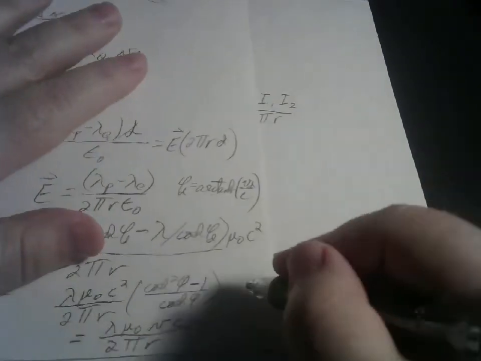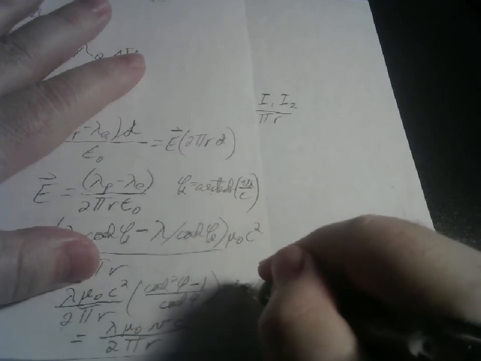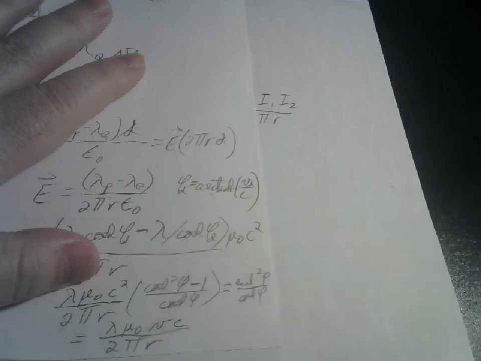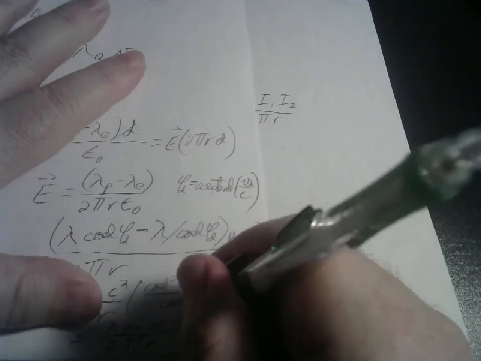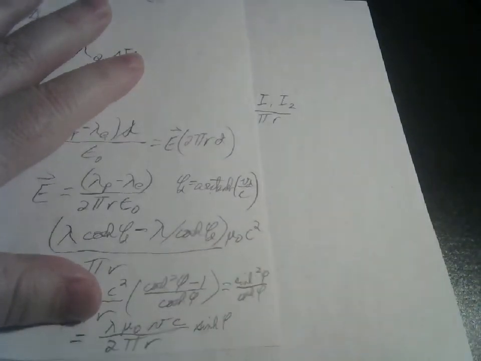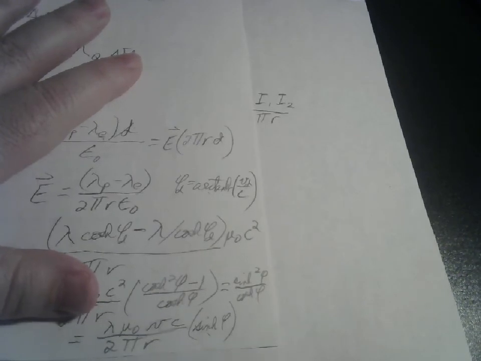And here it is. Cosh squared phi minus 1 over cosh phi is sinh squared phi over cosh phi, so that should have been Vc sinh phi, right there. So we had tanh phi times sinh phi, where tanh phi would be V over C. Sinh phi for low velocities is very close to tanh phi.